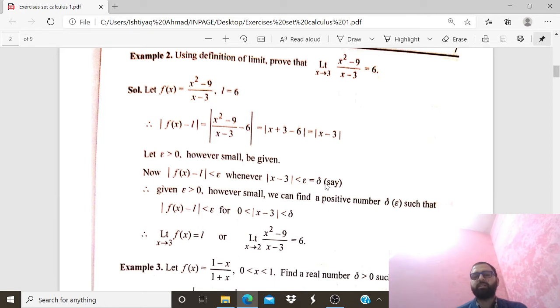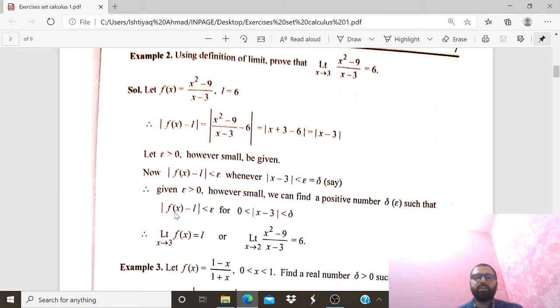So our definition is complete, because whenever mod of x minus a is less than delta, then mod of f(x) minus L is less than epsilon. Here we have done similar things, and our definition is complete, because mod of f(x) minus L is less than epsilon whenever mod of x minus 3 is greater than 0 and less than delta.